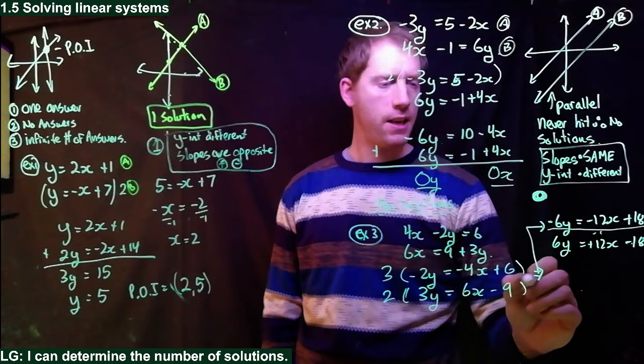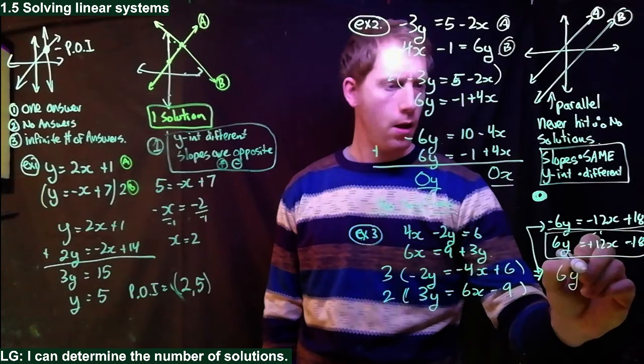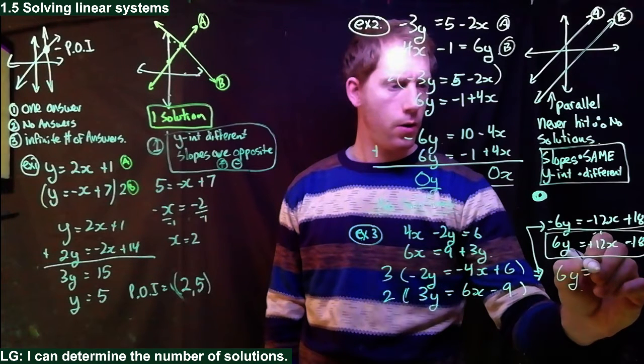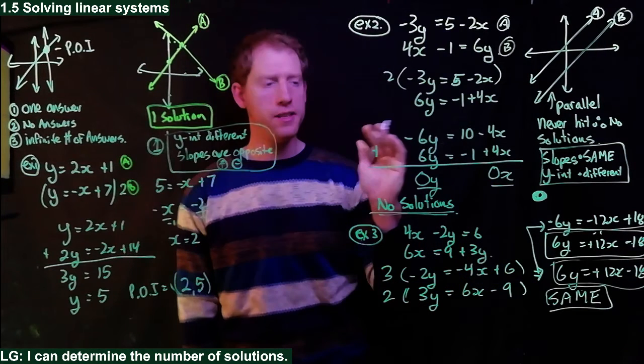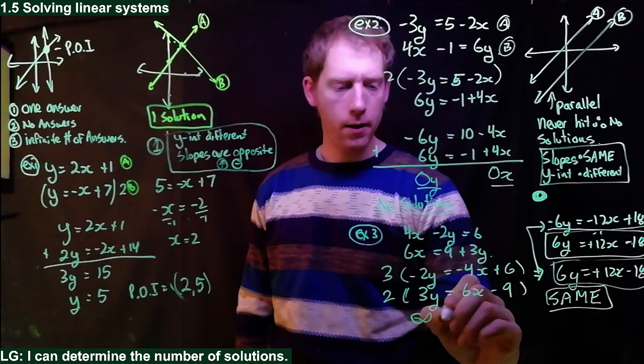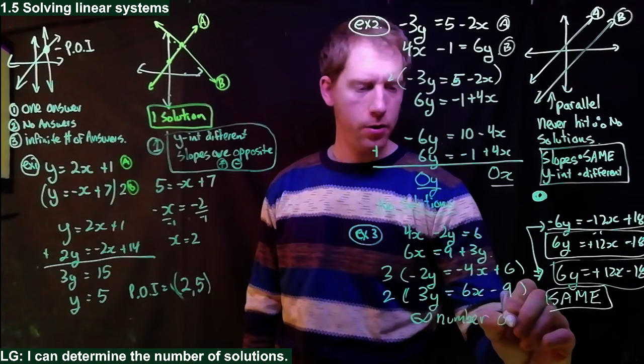So this one right here, if I divide this all by -1, we're going to get 6y is equal to plus 12x minus 18. They're the same. Agree or disagree? They're exactly the same equation. If my two equations are the same, it means that you have an infinite number of solutions.